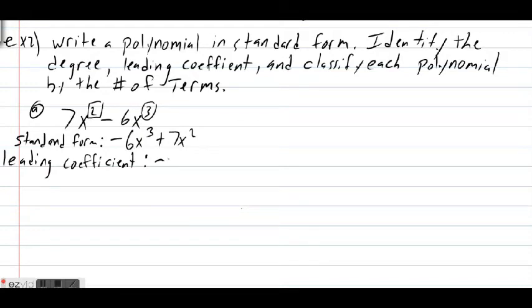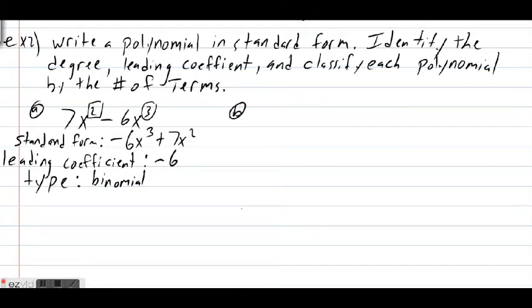Well, the leading coefficient is merely that -6. The sign comes along with it. Later on I'll just be using LC for leading coefficient. And then we want the type. What kind of polynomial is this? 2 terms, so it's a binomial.